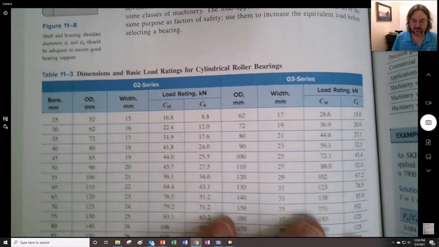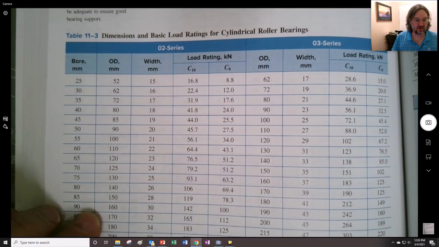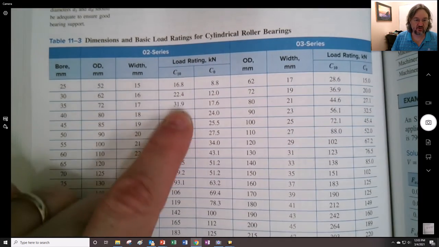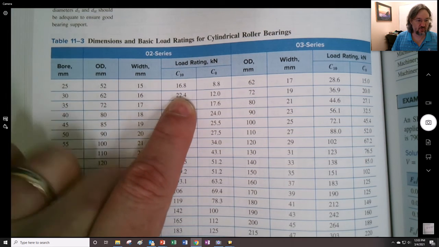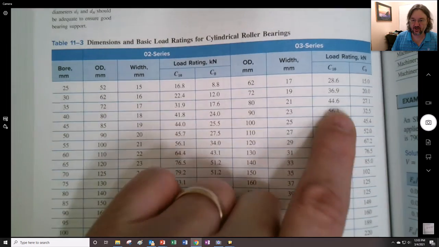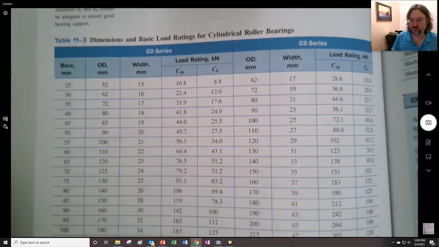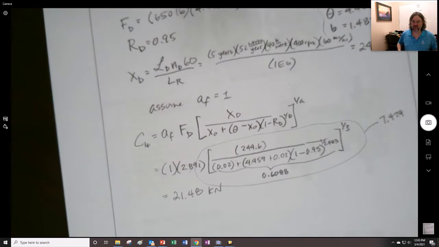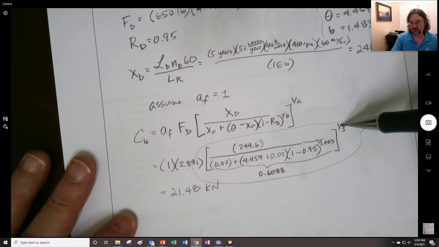We have to be careful there, but just as a preliminary thing, we could start to see what the load rating is for right here. So yeah, we could use a smaller one. We could use a 30 millimeter here for this rating, or maybe something at 25 for here. But of course, we need to recalculate just to change this exponent from 1/3 to 1/3.333. We could check it right there.